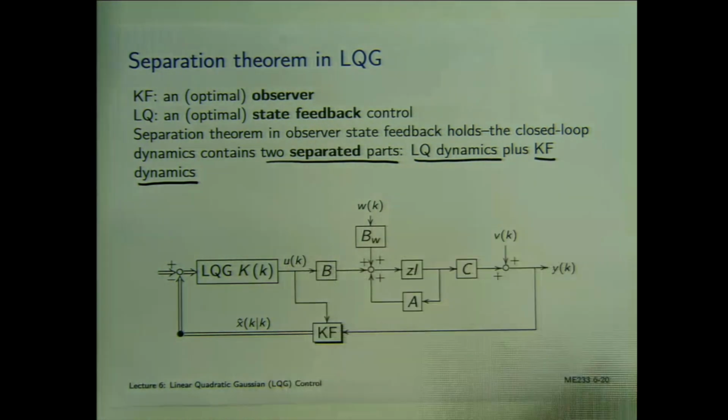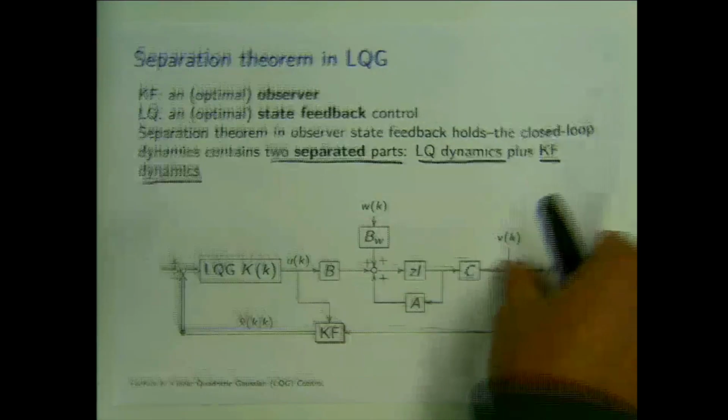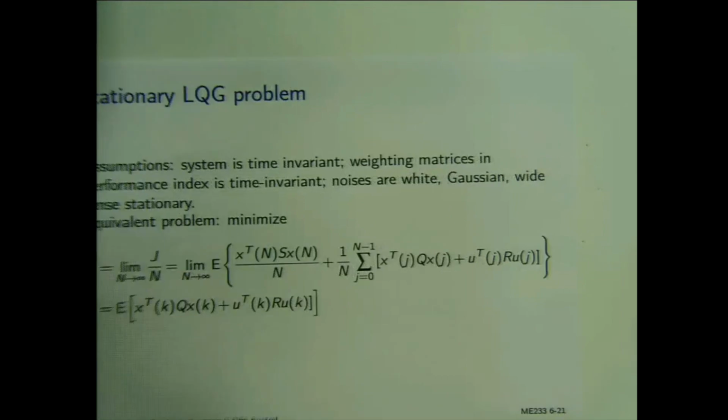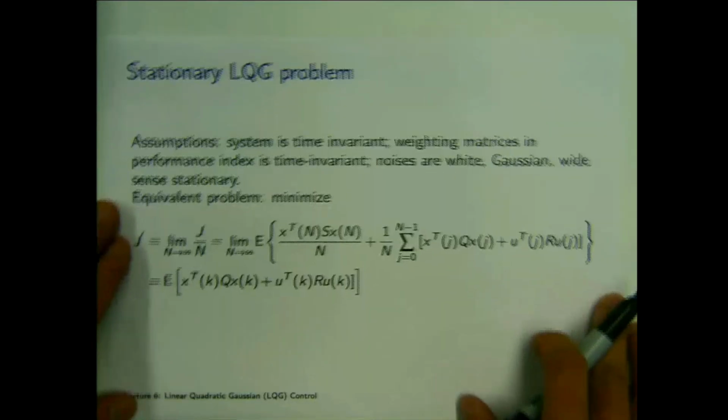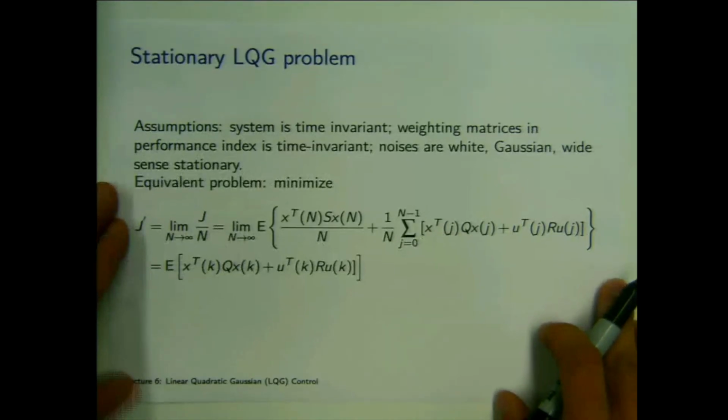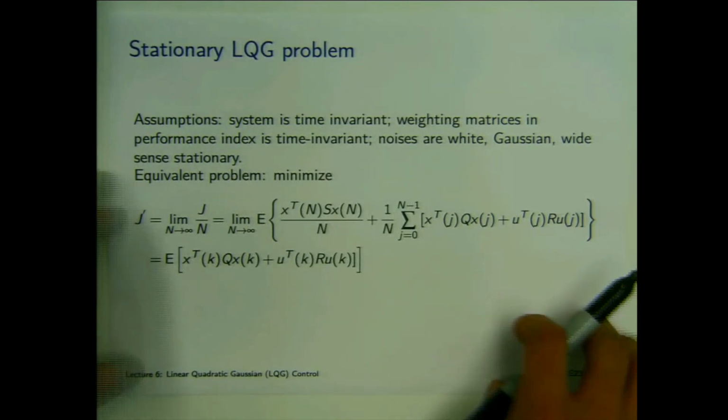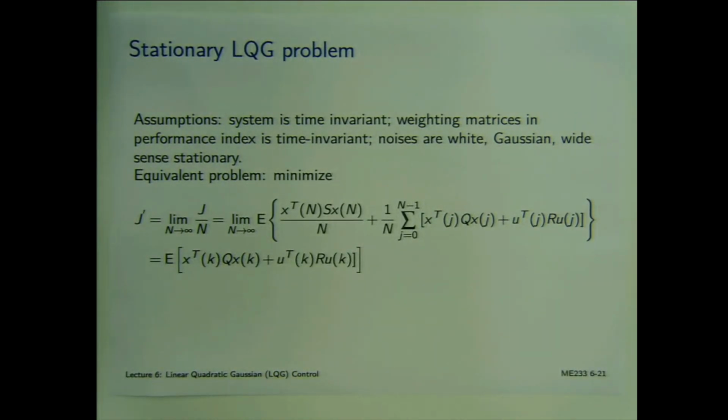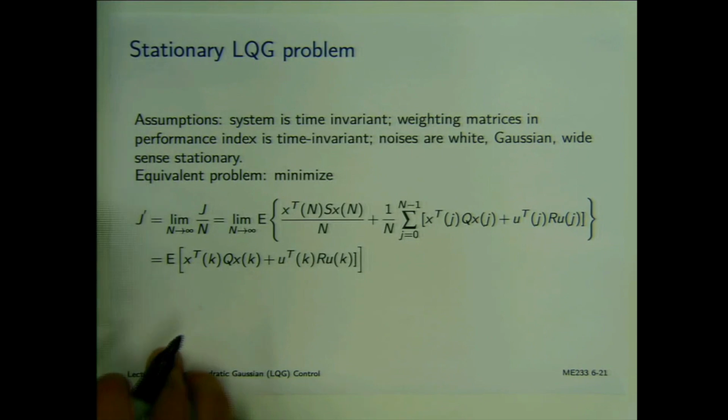The separation principle is independent of whether these are time varying or steady state conditions. Of course, we will be mostly focusing on the steady state problem. One reason for that is that it's convenient for most practical cases. It's convenient in the sense that we can use constant state feedback gains and a steady state Kalman filter for stationary LQG problems.